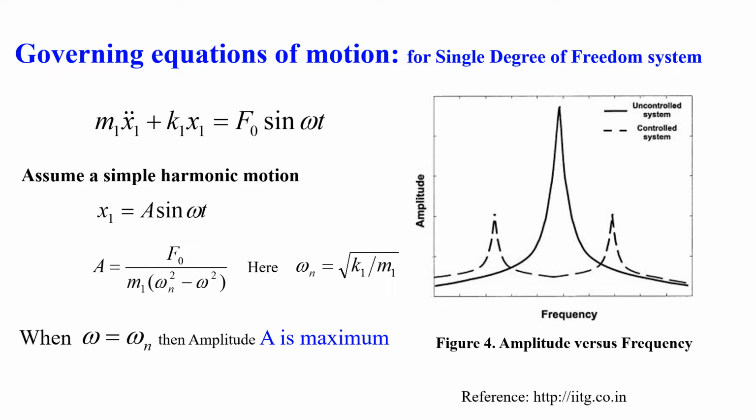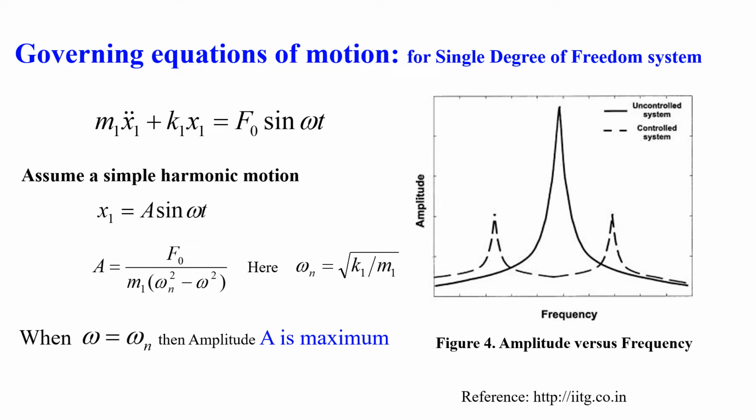By substituting the acceleration and displacement into the governing equation of motion, we get the displacement amplitude A, that is F naught divided by m1 times omega n square minus omega square. Here omega n is the natural frequency of the system, given by root of k1 upon m1, and omega is the excitation frequency of the system.